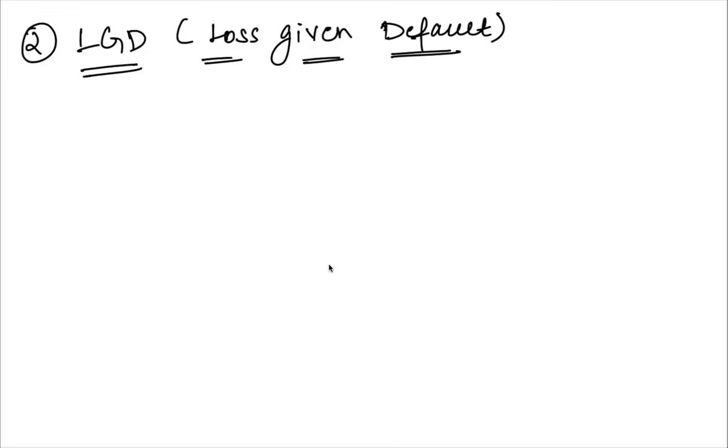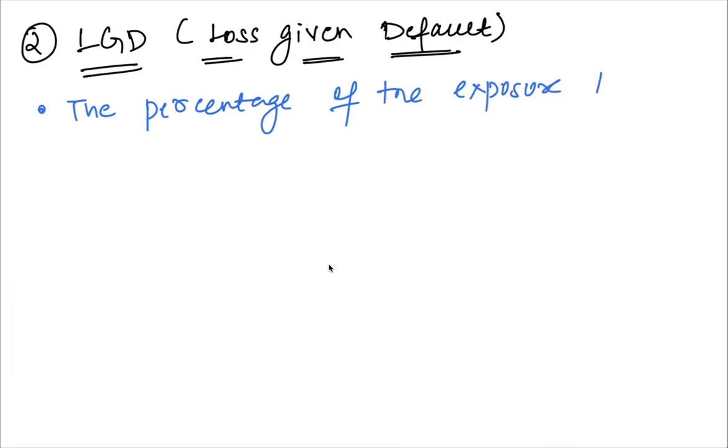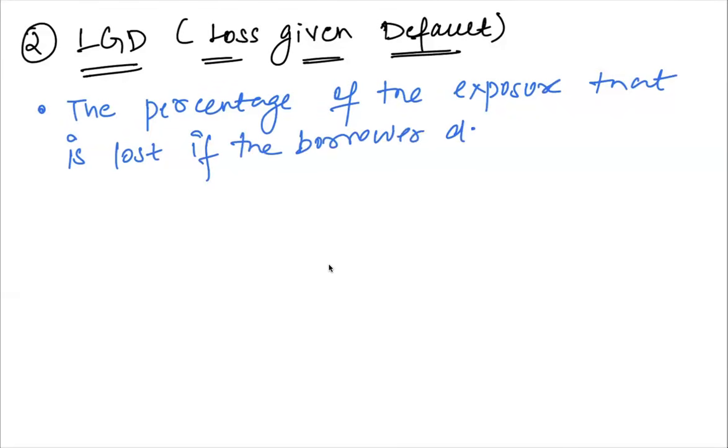Let me write the definition so that it's easy for all of you to understand. The percentage of the exposure that is lost if the borrower defaults is called LGD.